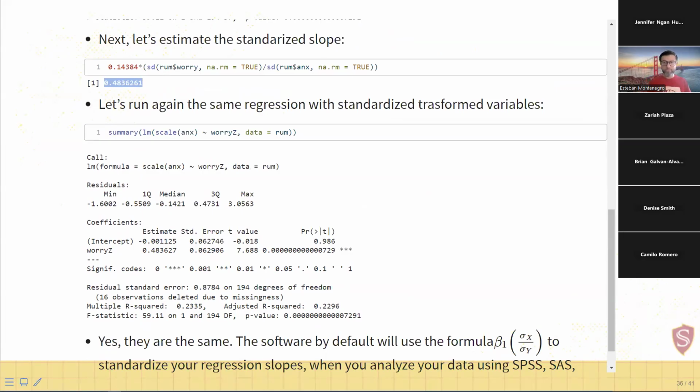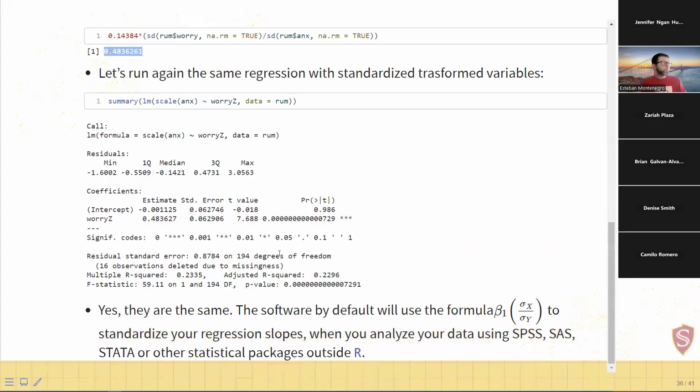There's one that I like. The package name is parameters, and it will give you the standardized solution by default. And probably I can give you some examples in the next practice.